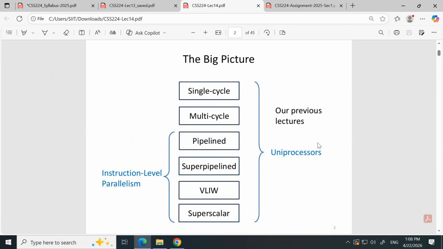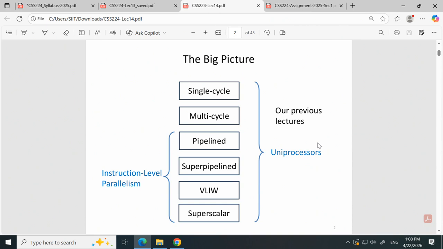Stalls, data dependency. Yes, hazards. To avoid hazards. Good. Superscalar uses hardware to do the reordering to avoid hazards.